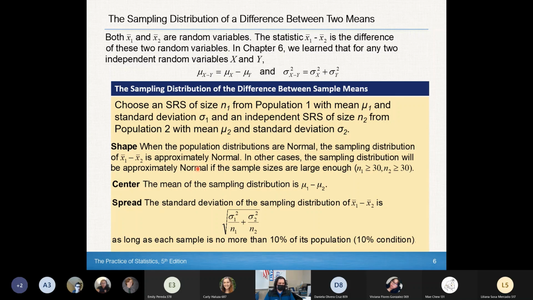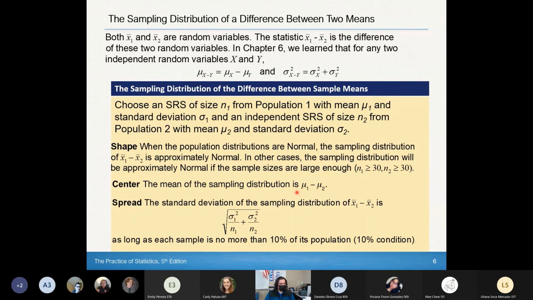In other cases, the sampling distribution will be approximately normal if the sample sizes are large enough. Right? n sub 1 is greater than or equal to 30, and n sub 2 is greater than or equal to 30. Both must be large enough, not just one. So again, we have these same two conditions for the shape of the sampling distribution that we saw yesterday with the proportions.